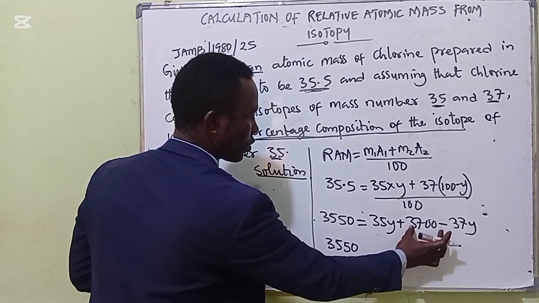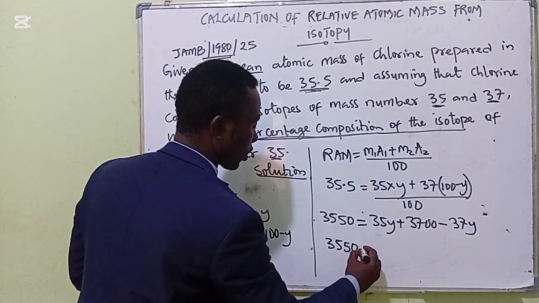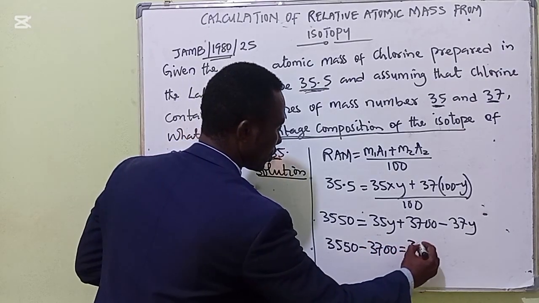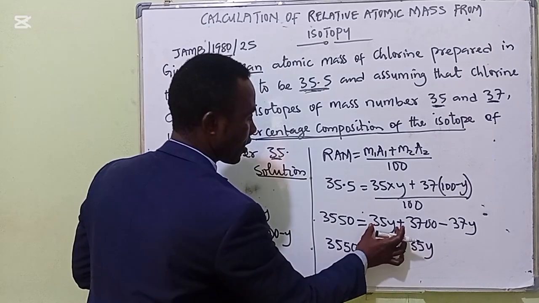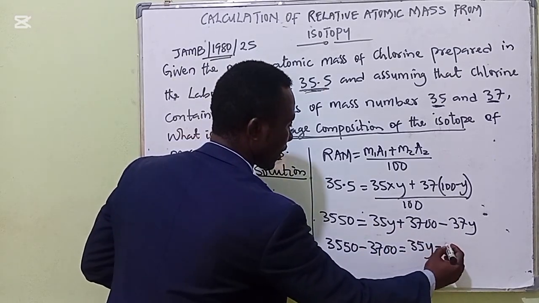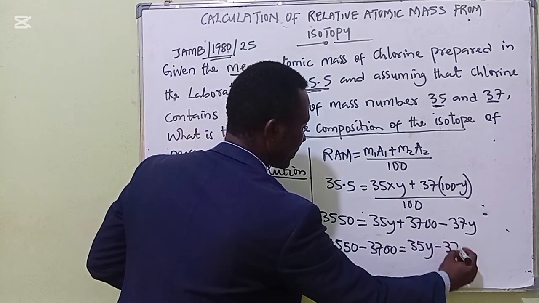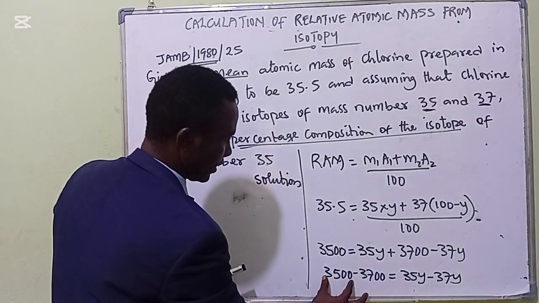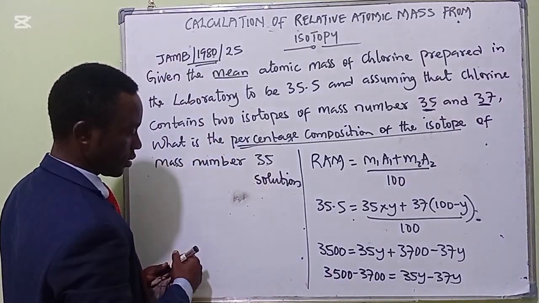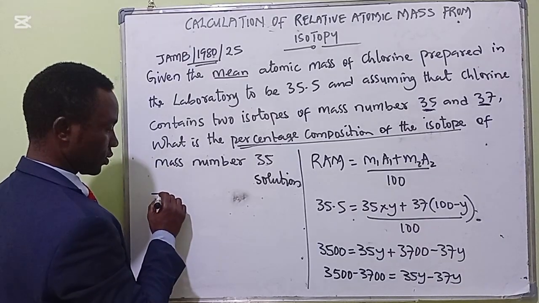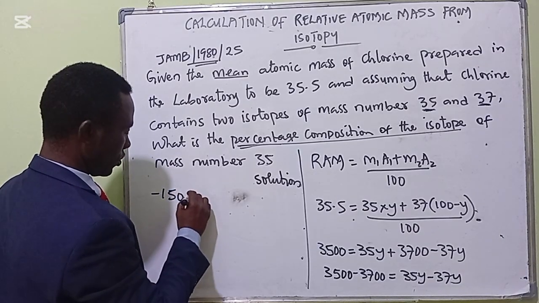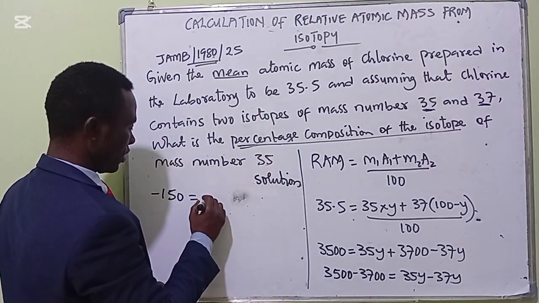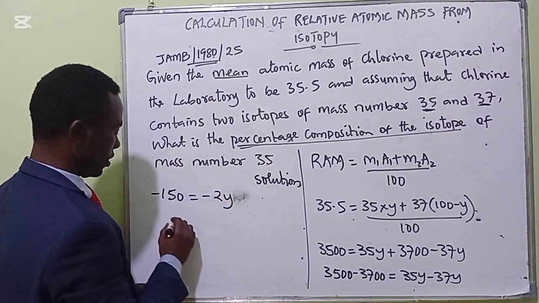Take the one without a y to this side, it becomes minus 3700, equal to 35y minus 37y. So 3550 minus 3700 gives us minus 150, equal to 35y minus 37y, which gives us minus 2y.